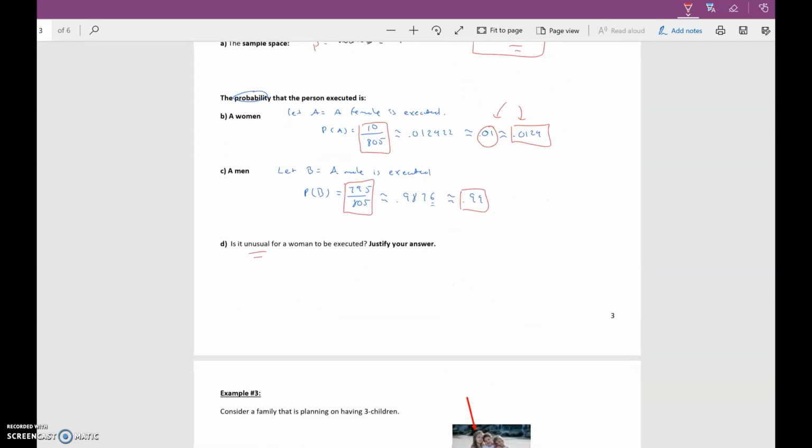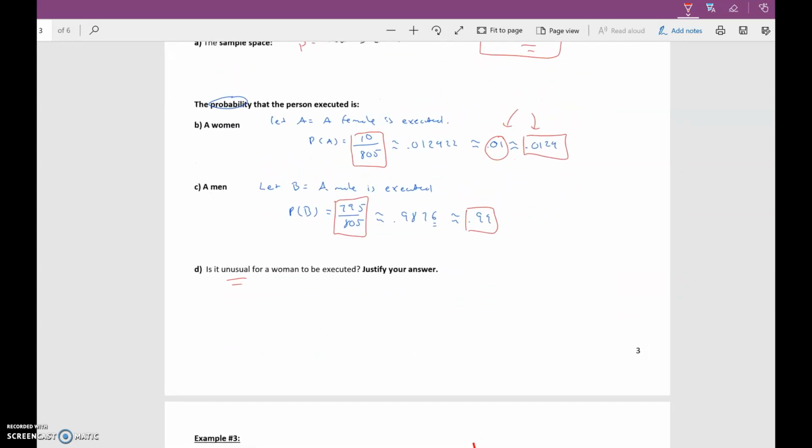So on this problem, they're asking, is it unusual for a female to be executed? Since we already declared the variable, you would just say yes. The value of P of A, this is the females, is approximately 0.01, which is less than 0.05. That would be the only explanation that you need.